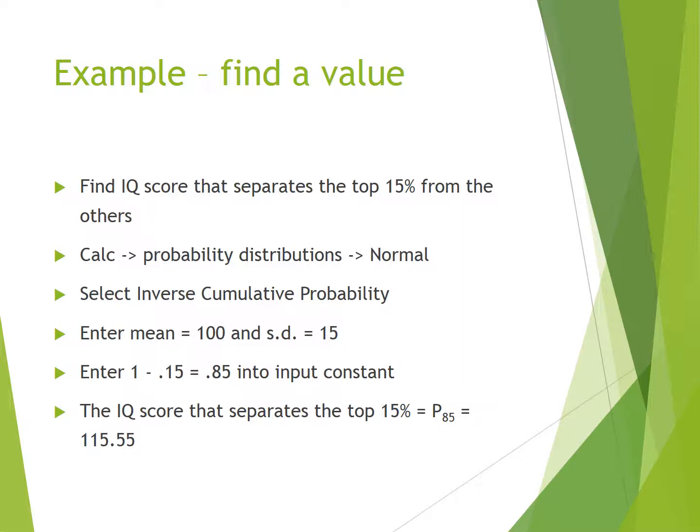Enter the mean being 100 and the standard deviation being 15. Now, Minitab always wants you to put in the amount shaded to the left underneath the density curve. So if 15% is in the top, then 85% is in the bottom. So that 0.85 is what we put into the input constant, and it tells me that the top 15%, which is percentile 85, is 115.55.